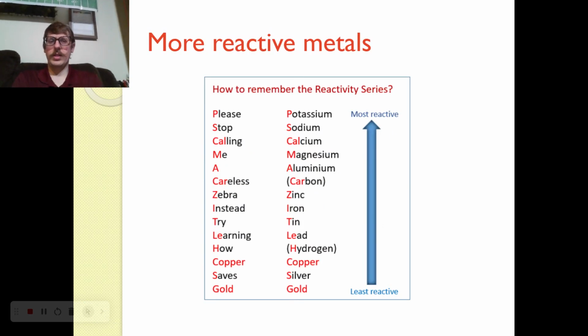So in general, if something is more reactive, it is happy to give electrons to something that is less. So we have zinc that's pretty happy to give up its electrons to copper. It is so comfortable down there at that 3rd level that it's happy to give its electrons to copper.